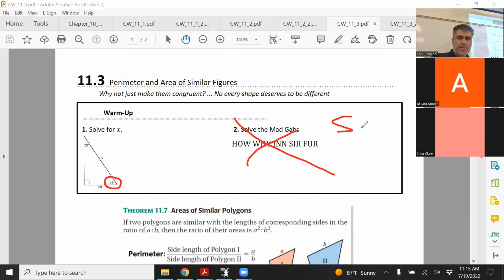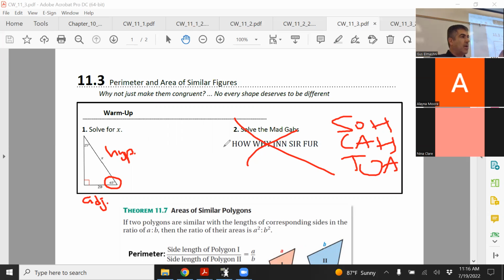Remember SOHCAHTOA. The 20 is adjacent, right? The x, is the x hypotenuse or opposite? Hypotenuse, right? So which one are you going to use? SOH, CAH, or TOA? Which one uses A and H?